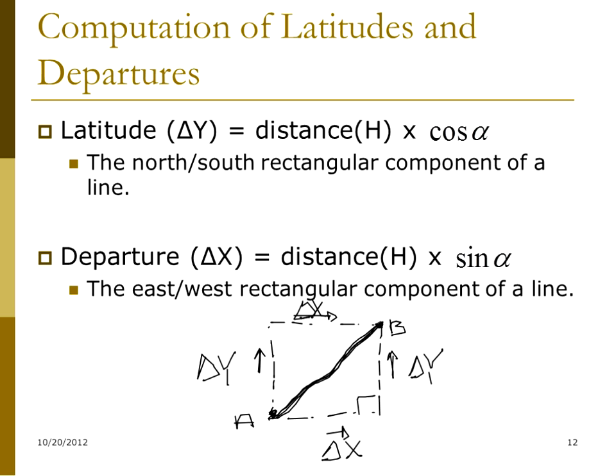We know that these are right triangles. So again, by definition, the distance times the cosine of the angle will give us the latitude, and the distance times the sine of the angle will give us the departure. So ultimately what we have are the north-south rectangular component of the line, and then the east-west rectangular component of the line.